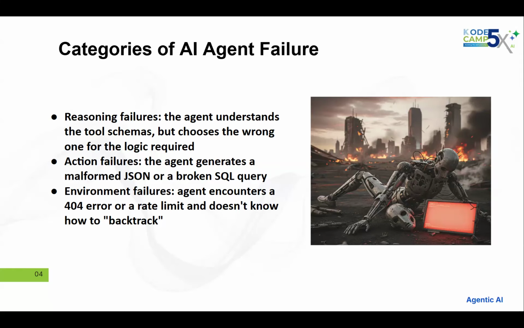Or maybe the agent encounters an error and is unable to correct itself because you don't have a self-reflexive loop. Or the model is not available and there's no fallback mechanism built into the agent. Those are environment errors. Any question?